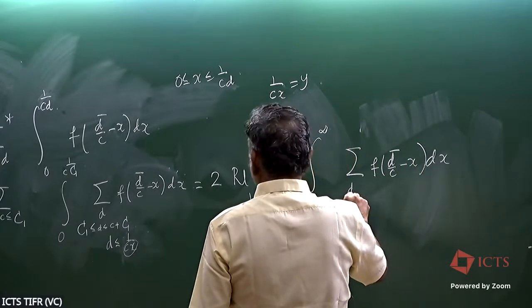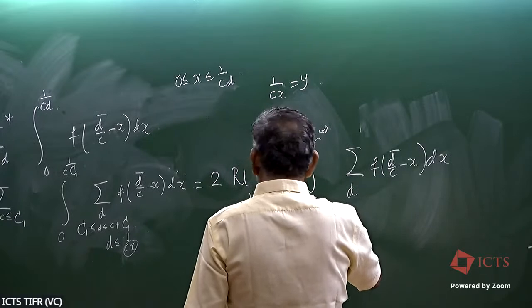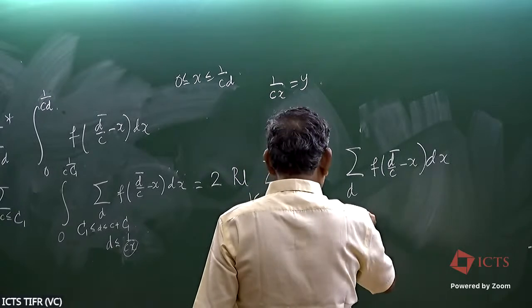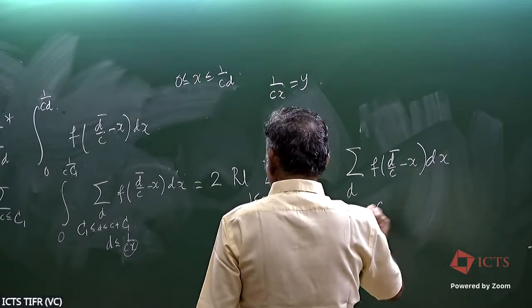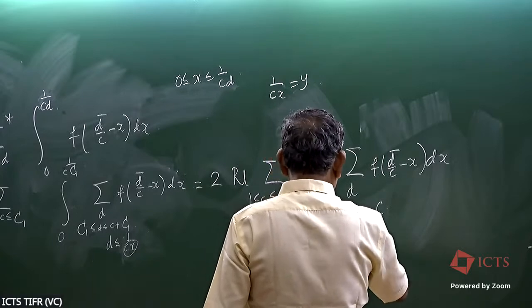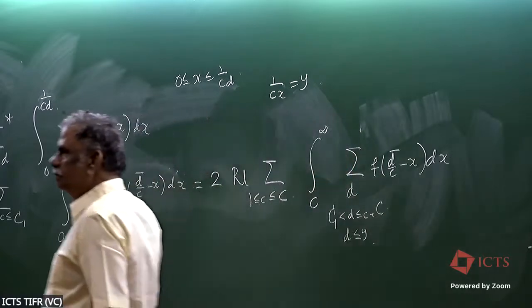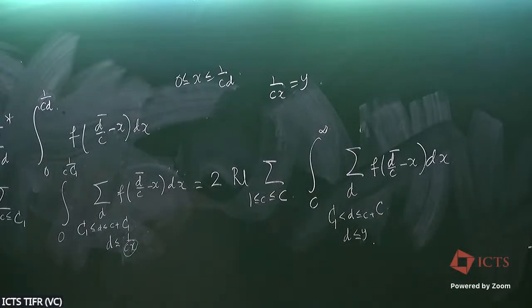And the summation over C, D is C less than or equal to D less than or equal to C plus little capital C, and also D less than or equal to Y, and dx by x square.